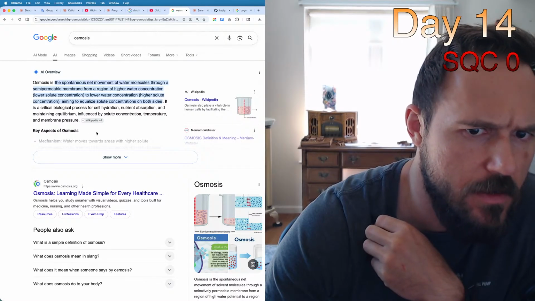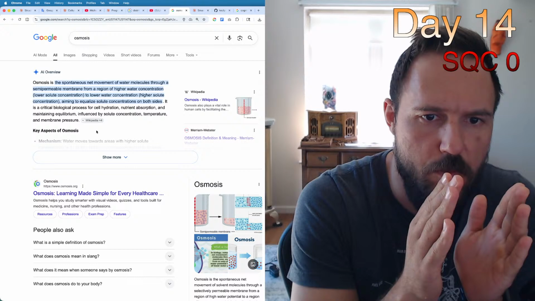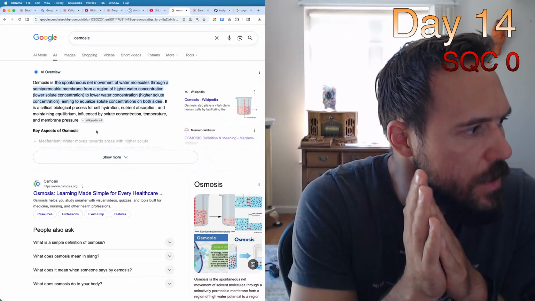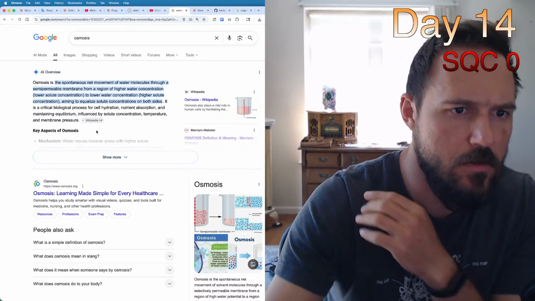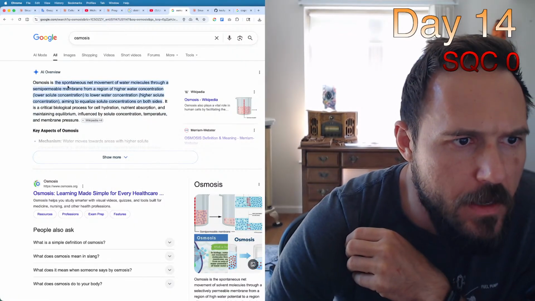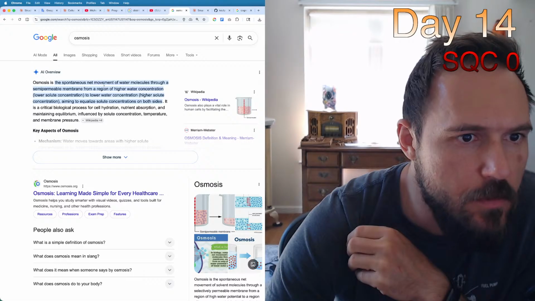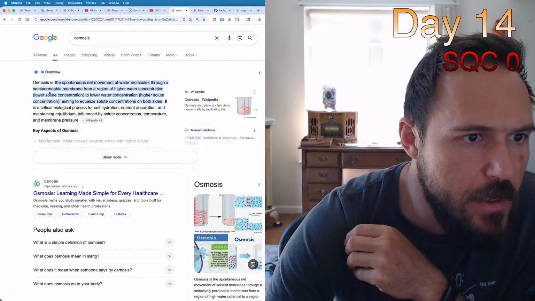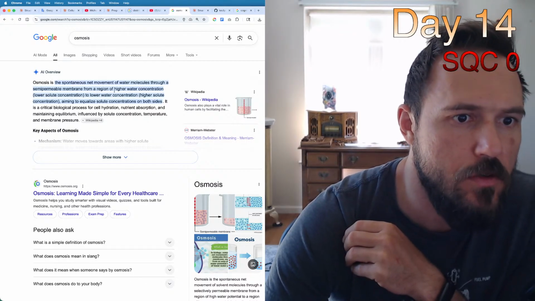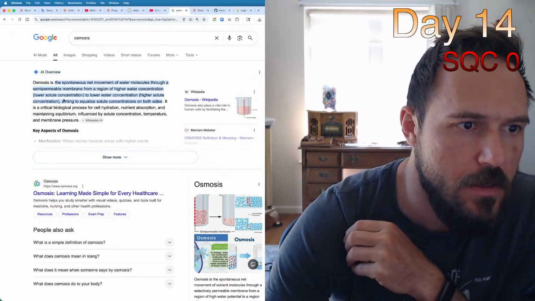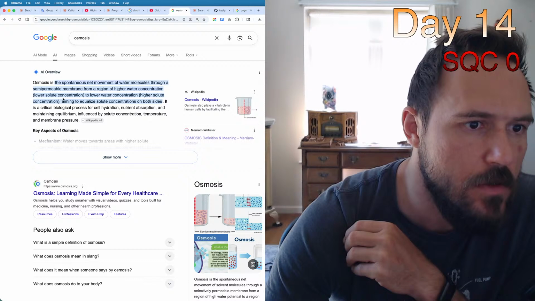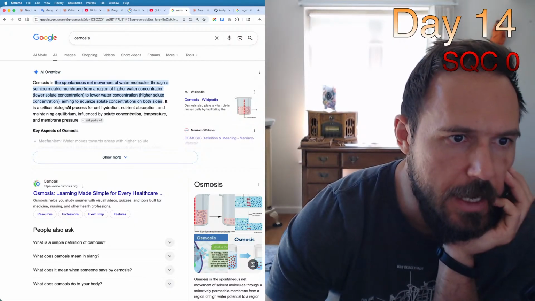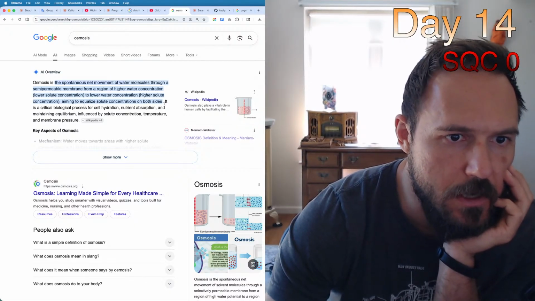Osmosis, it's when water goes from a big concentration of something to less concentration of something. Spontaneous net movement of water molecules through a semi-permeable membrane from a region of higher water concentration, lower solute concentration, to lower water concentration, higher solute concentration, aiming to equalize solute concentration on both sides.